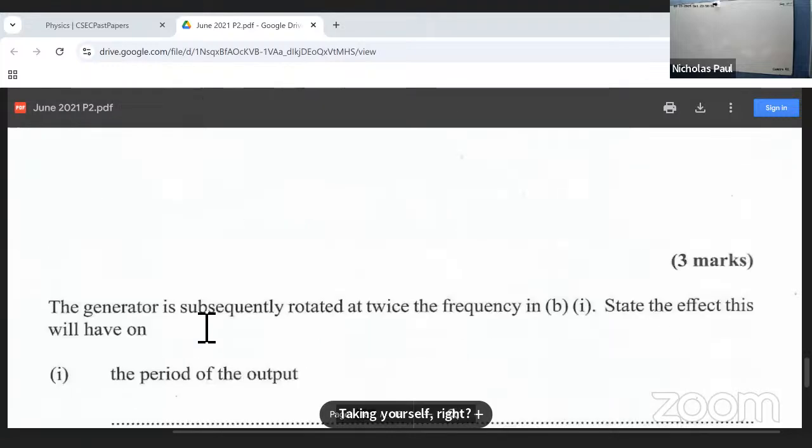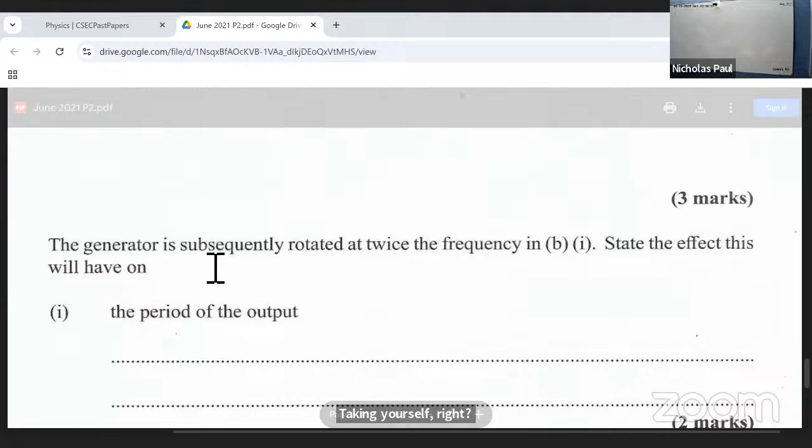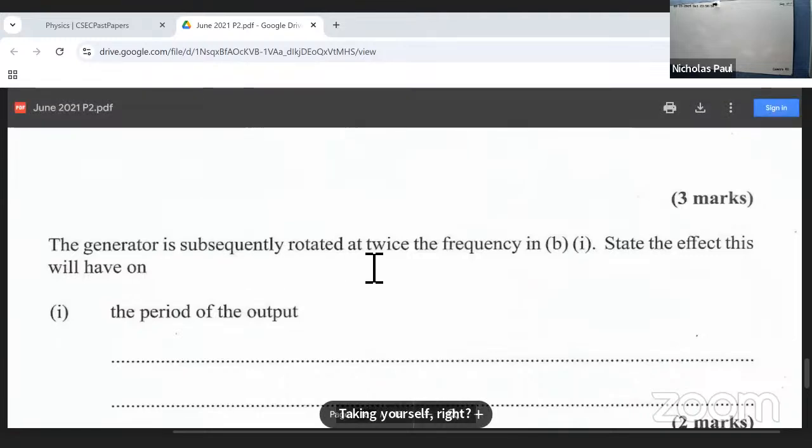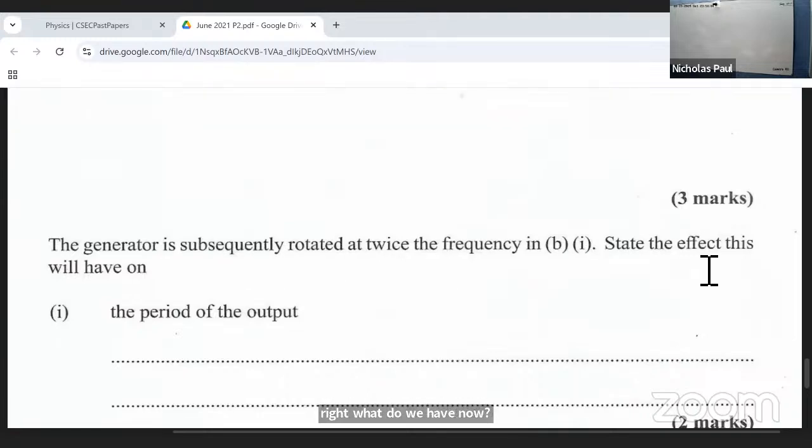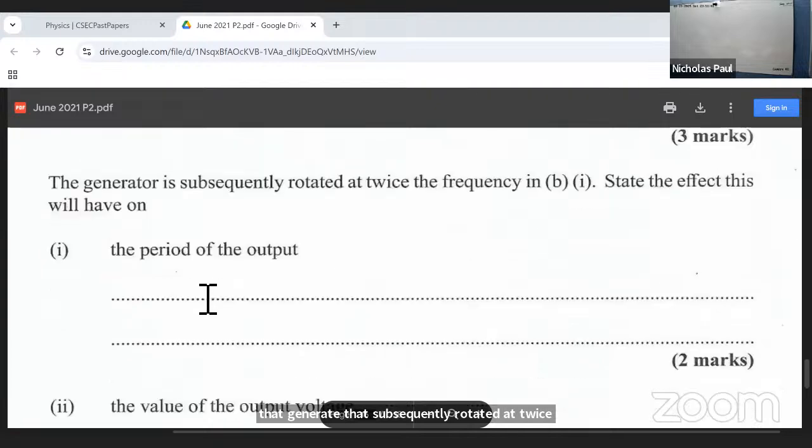What do we have now? The generator is subsequently rotated at twice the frequency. What will that be in period? Write your answer. Again, I'll give a hint.